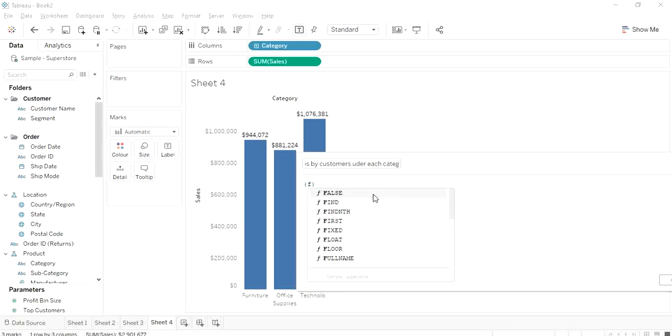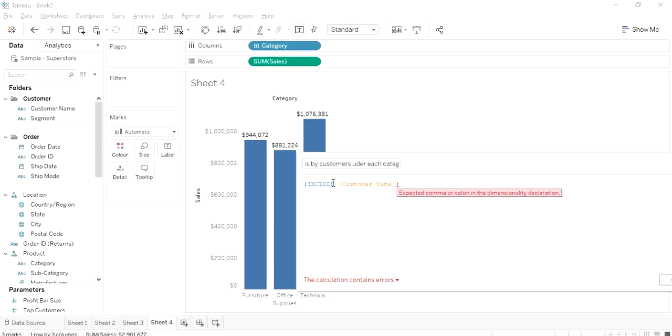Similarly, when you write include, sorry, not fixed, when you write include, let's say I am going to include customer name. What it will do is, in a way, like I bring the customer name next to my category. Similarly, it will include customer along with the category.